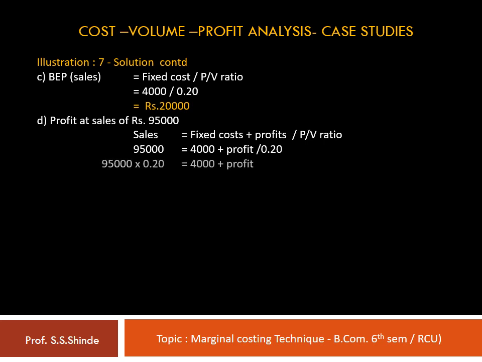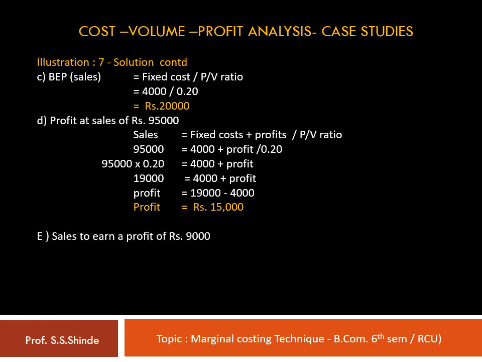Therefore, 95,000 into 0.20 is equal to 4,000 plus profit. Therefore, 19,000 is equal to 4,000 plus profit. So profit is equal to 19,000 minus 4,000 after equating the variables, which gives us a profit of rupees 15,000.